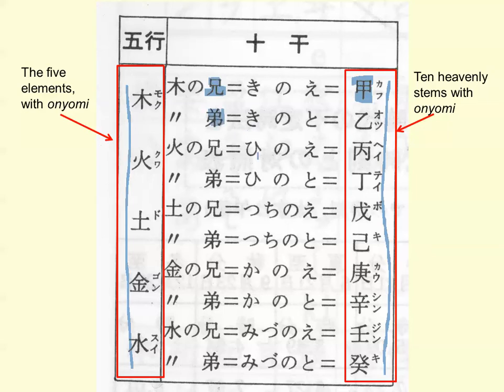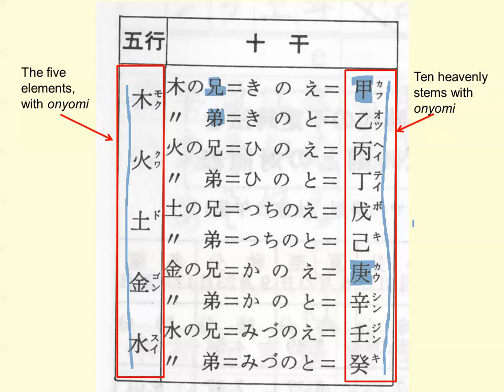And then we have hino-e, the older brother of fire, hino-to, the younger brother of fire. Tsuchi-no-e, the older brother of earth, tsuchi-no-to, the younger brother of earth, etc. So if I were looking at this kanji, and I wanted to pronounce it using the kunyomi rather than the onyomi, I would refer to it as kanoe. I hope that makes sense.